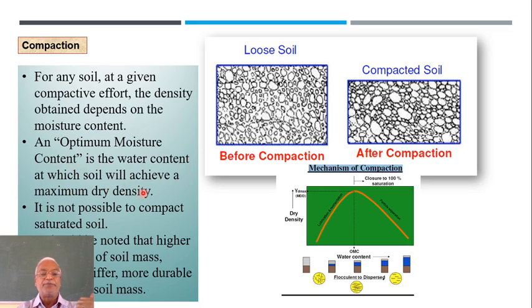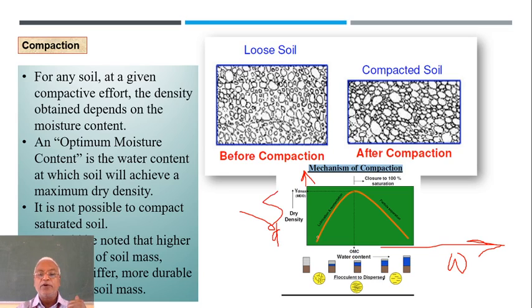a maximum density. Now, if you look at this graph, on this axis what is plotted is water content, and on this axis what is plotted is gamma d, dry density. Okay, dry density. Here it is water content.